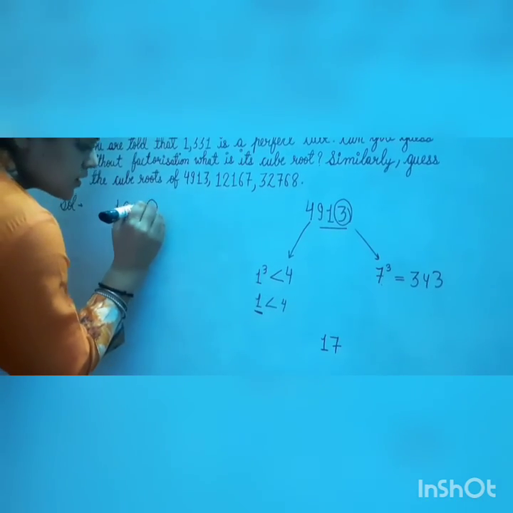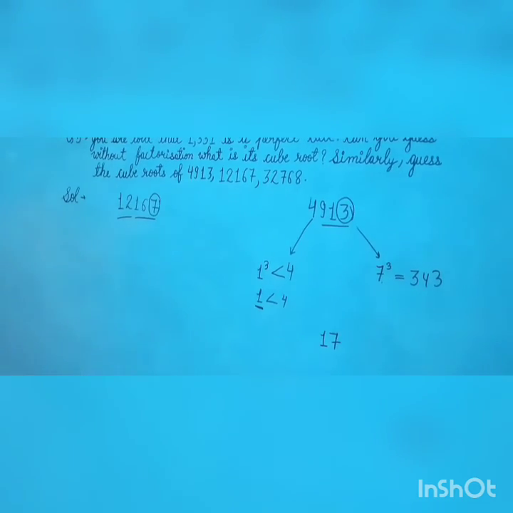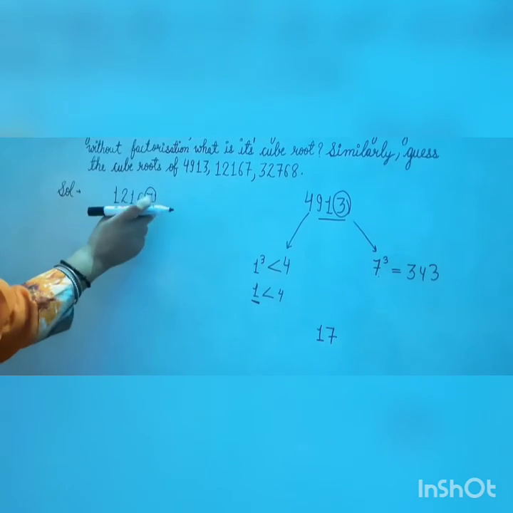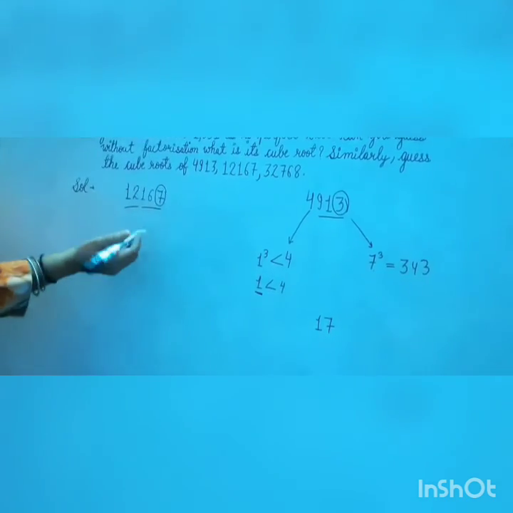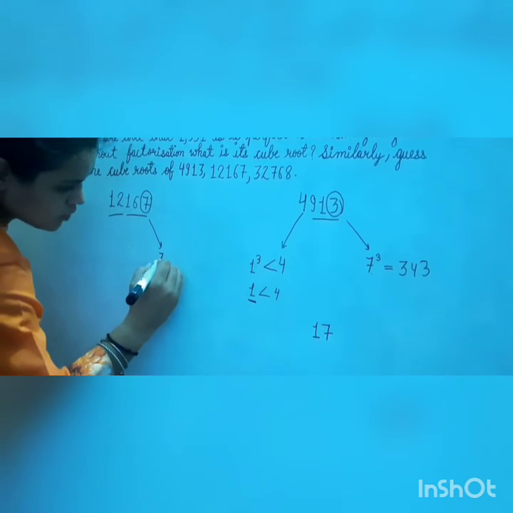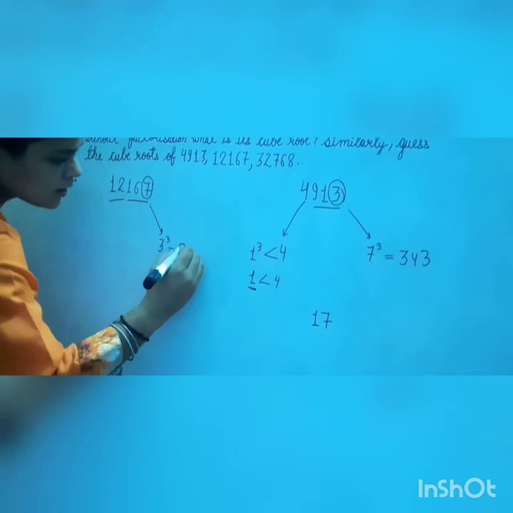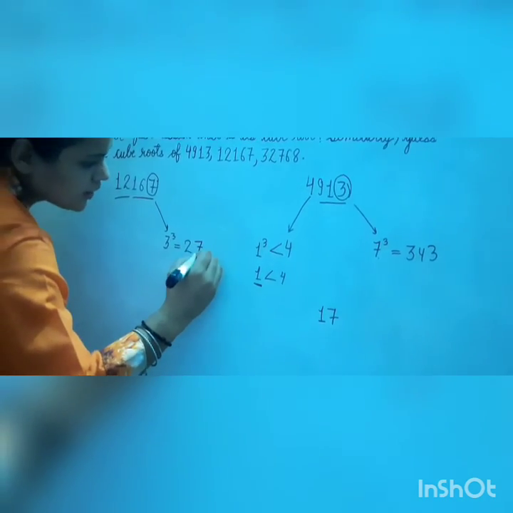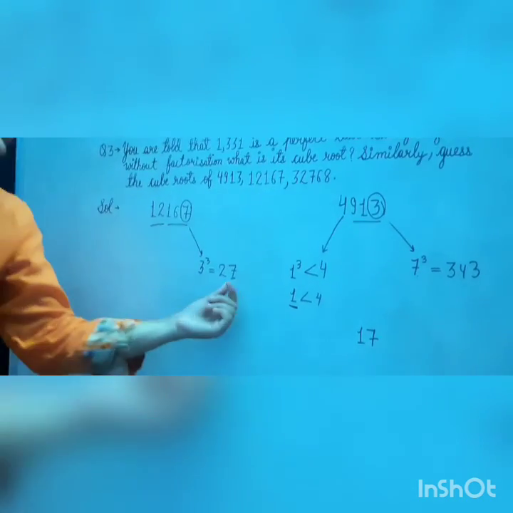In the unit place there is a 7, and this 7 comes in the cube of 3. When we multiply 3 by itself 3 times, it comes to 27, and in the unit place there is a 7.